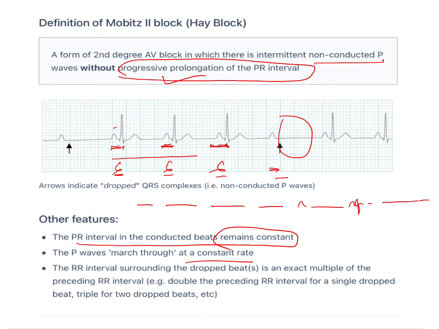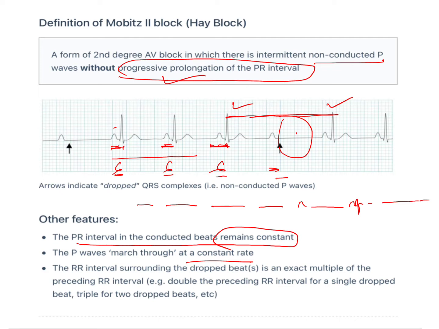Suppose this is the RR interval surrounding the missed beat. This is the missed beat.